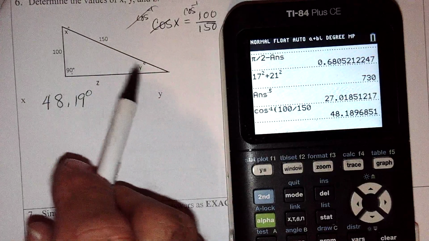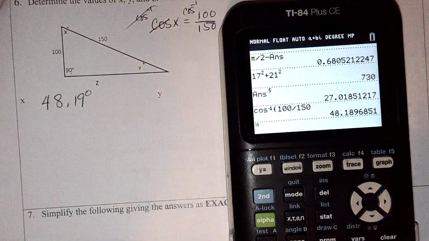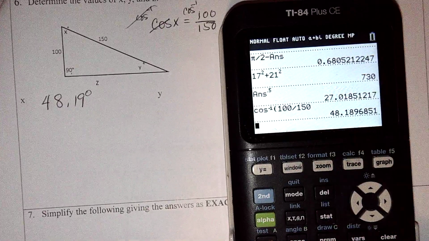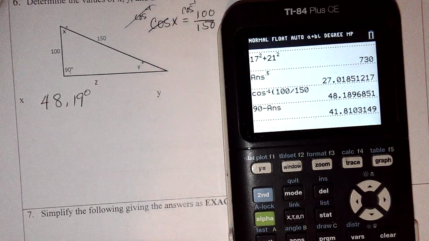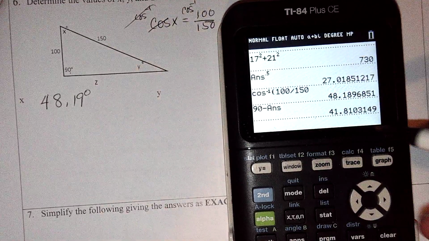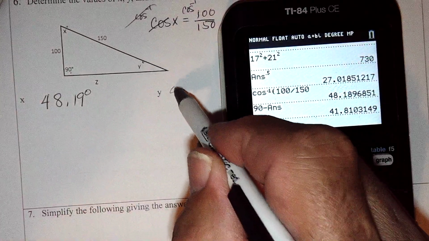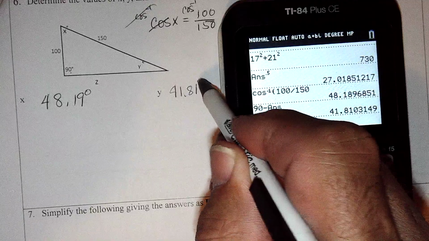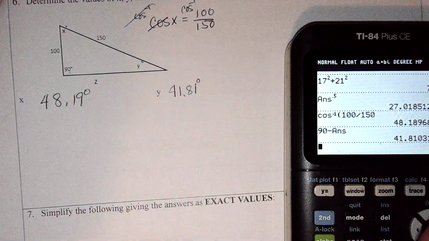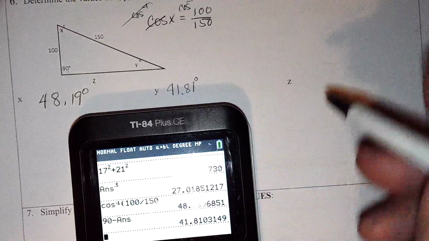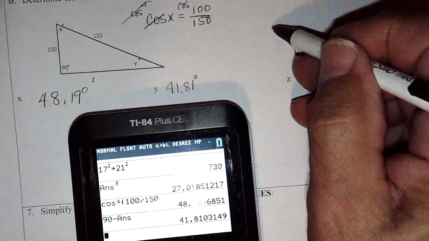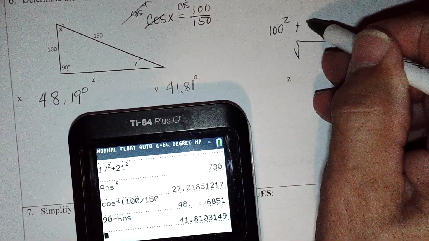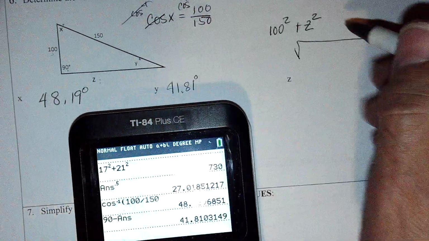And if that's 90, these two have to add to 90, so I can take that away from 90. 90 minus my last answer, and I get 41.81 for y. And I can use Pythagorean theorem to get z. Leg squared plus leg squared is the hypotenuse squared.